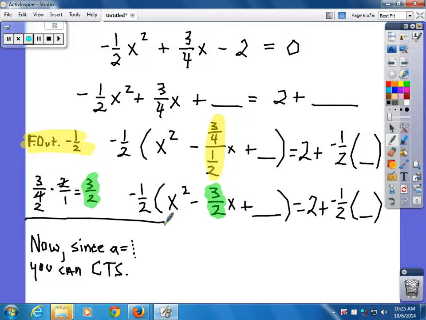Always factor out first. Now I'm not talking about factoring out the whole thing. I'm talking about if you have anything besides a 1 here, and we'll highlight that red because that's a big thing. If there's anything in front of that x squared that is not 1, then that's the first thing that you take care of.